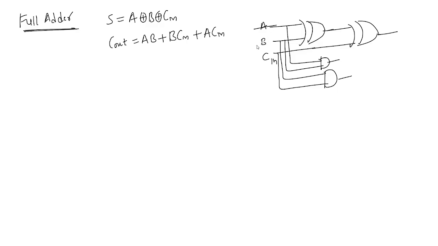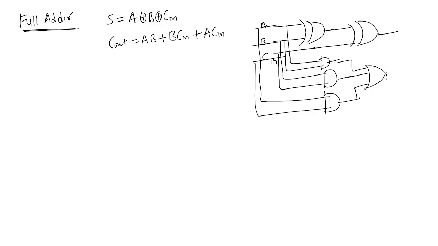One more input, Cin, is coming and it is connected to an AND gate. These all are connected to which gate? OR gate, no? Then you are getting sum and carry out.